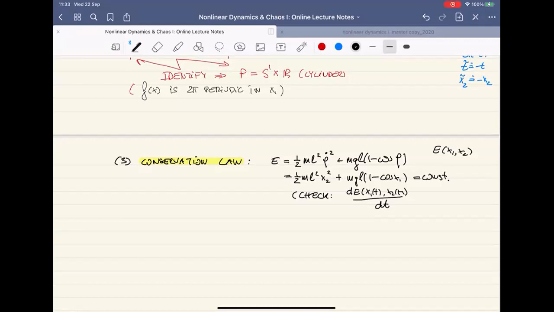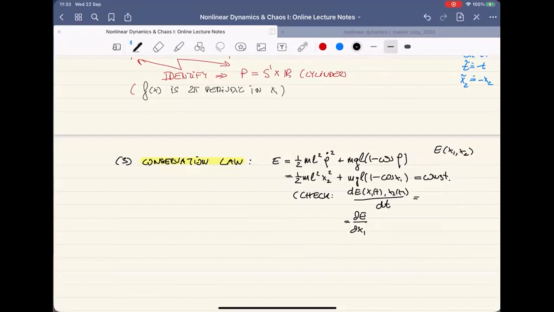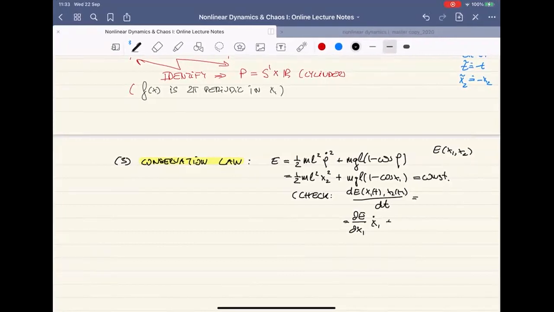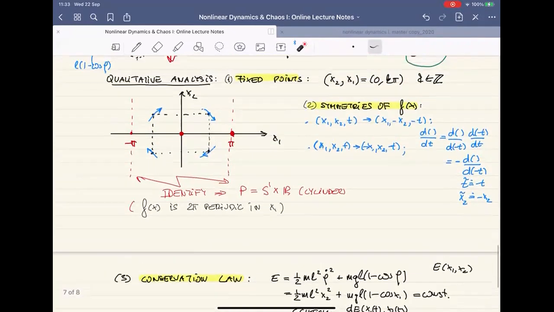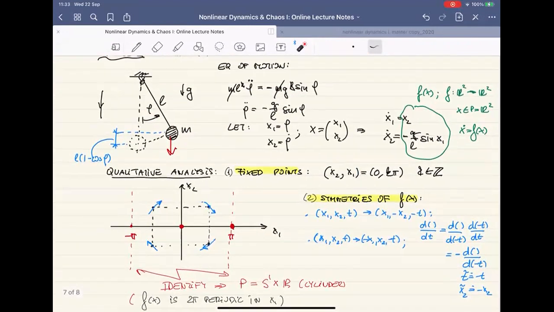I'm checking the variation of the energy along solutions. So how do I do that? Well, I need to take the derivative of E with respect to x1, and I multiply that by x1 dot by the chain rule, and with respect to x2 and x2 dot. And the nice thing is that this will be a function of x1 and x2, but because of the ODE, this will also be a function of x1 and x2 because you use it from here.